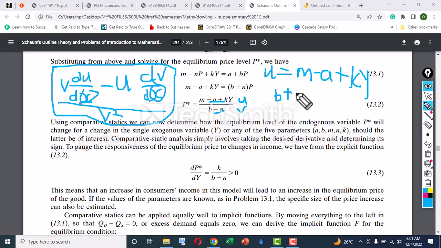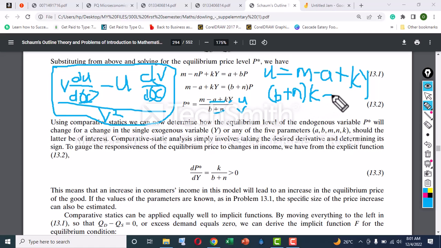This one you are differentiating explicitly. Then I will show you how to do the implicit one so that we're able to get a formula. So this is b plus n, that's our v. Then du dx simply means differentiate this one with respect to y, because remember we are actually doing dp dy. With respect to this y, that will be k, so when you differentiate this, it will just be k.